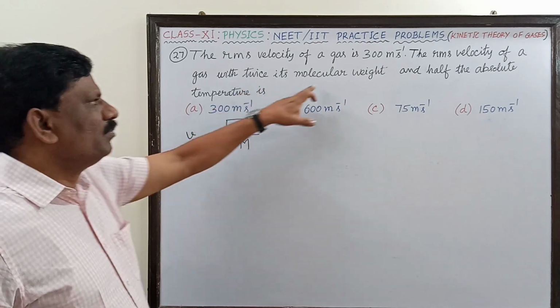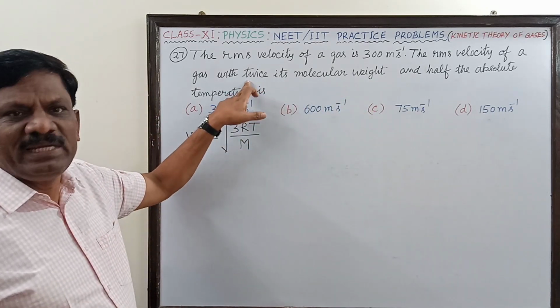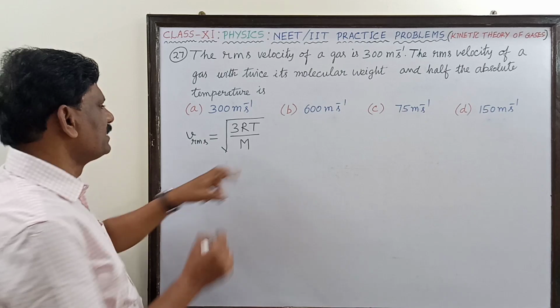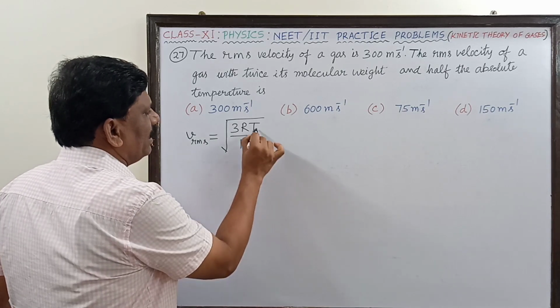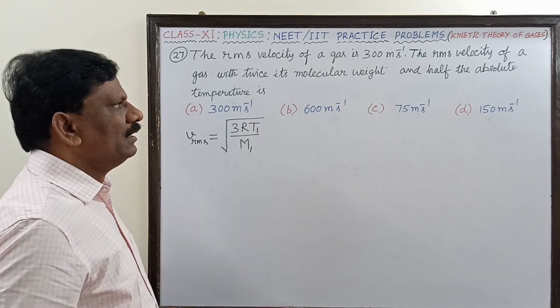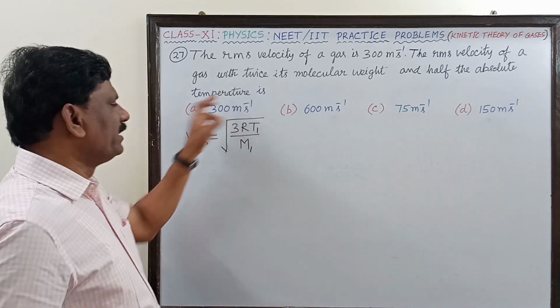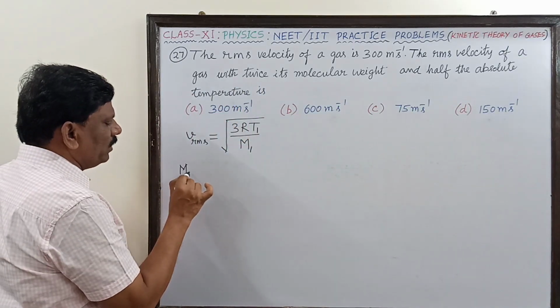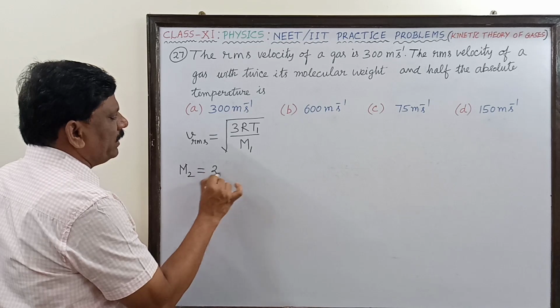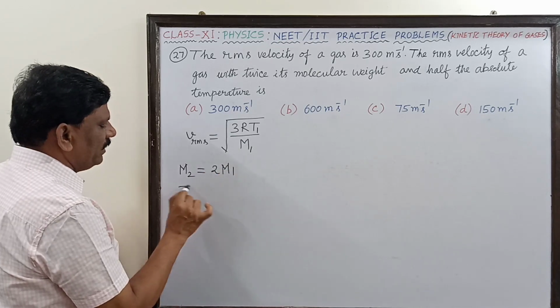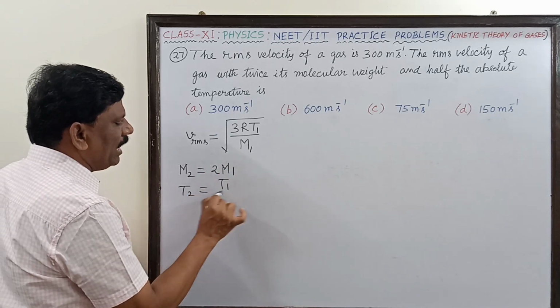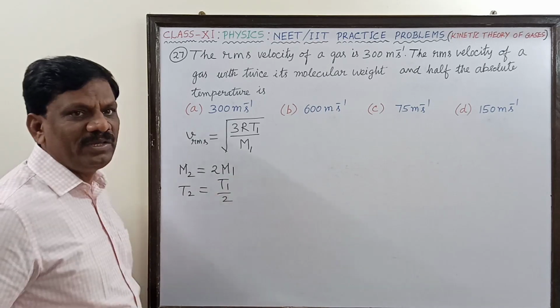If molecular weight becomes twice its initial value, so this can be taken as M1 and T1, and half the absolute temperature. So M2 is 2 times M1 and T2 is equal to half of T1.